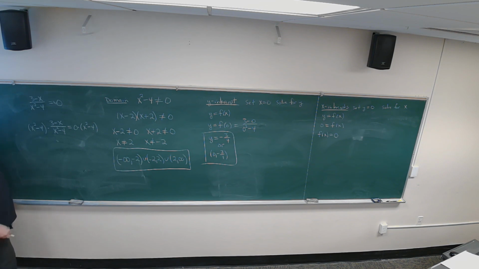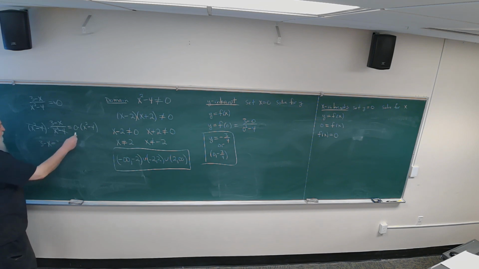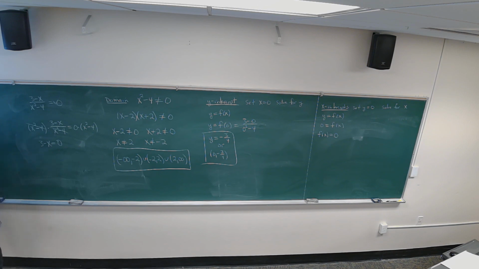And so by multiplying both sides by x squared minus 4, okay, the x squared minus 4's cancel, and we're left with 3 minus x on the left, and 0 times x squared minus 4 is just 0. And so we just ended up taking the numerator 3 minus x and setting it equal to 0 to find the x-intercept.